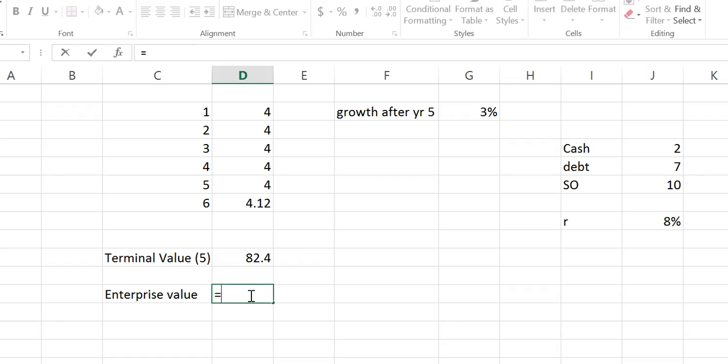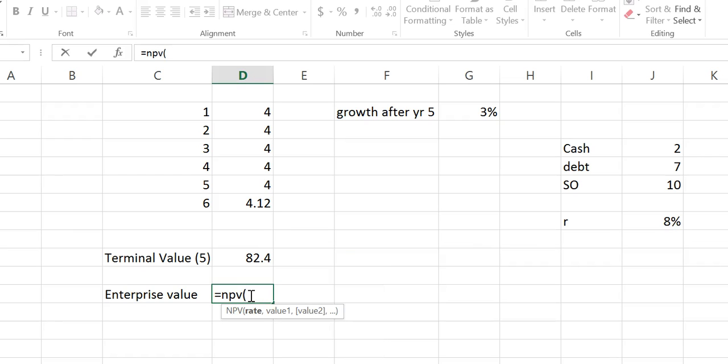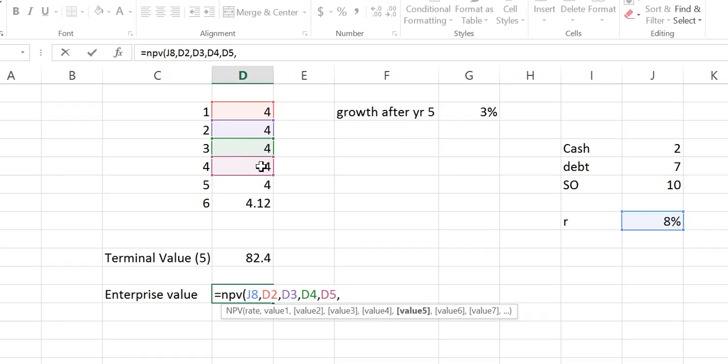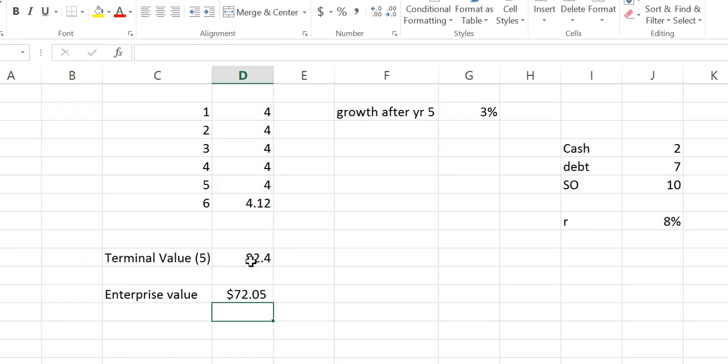So enterprise value will be equal to net present value, where the interest rate is 8%, first value is 4, second value is 4, third value is 4, fourth value is 4, and the value in year 5 consists of 4 plus the terminal value. And that gives me a net present value of 72.05.